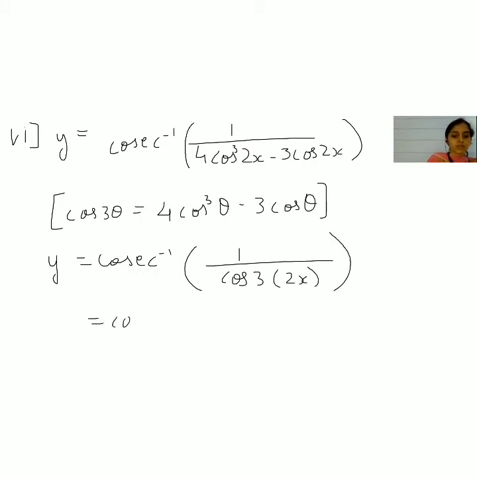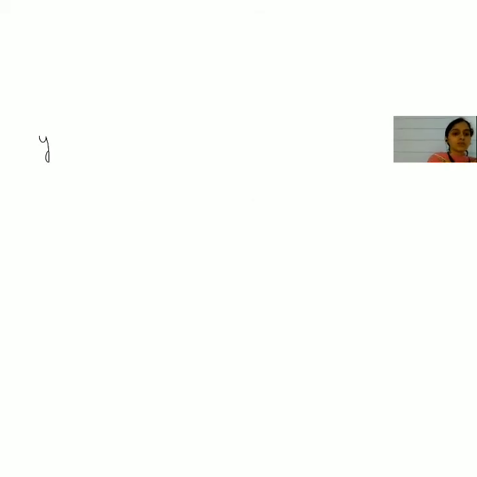So cosec inverse of 1 upon cos of 6x. Okay. What is 1 upon cos? It is sec. So y is equal to cosec inverse bracket sec of 6x. Okay.